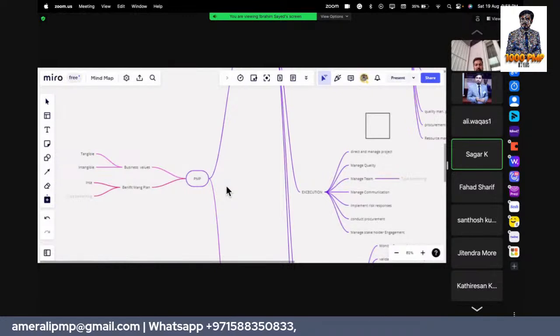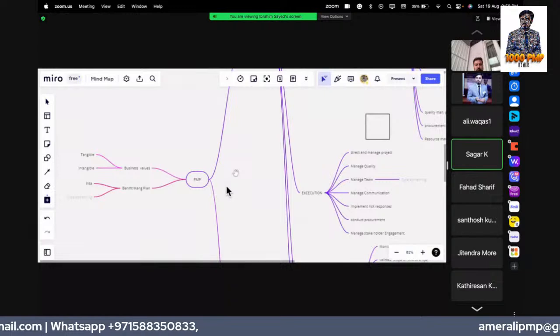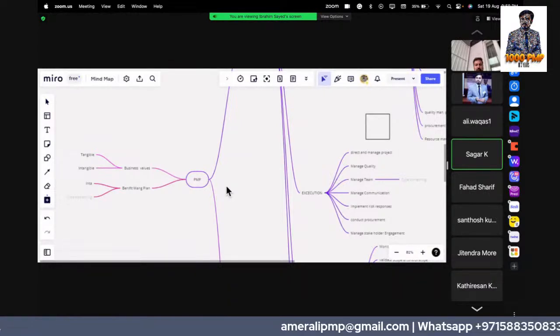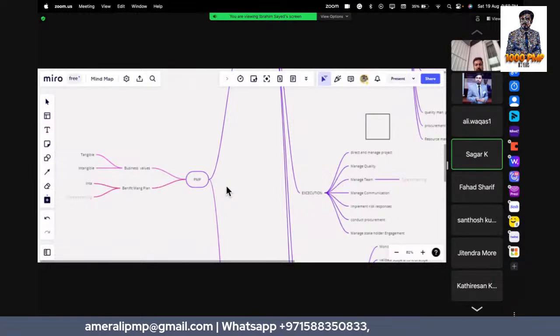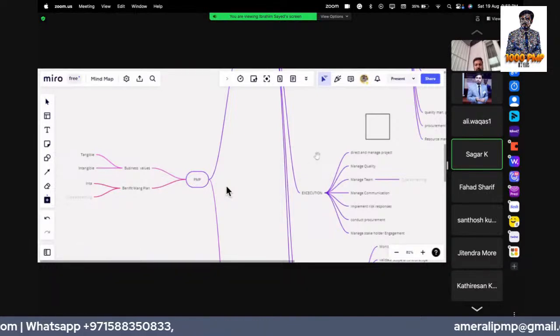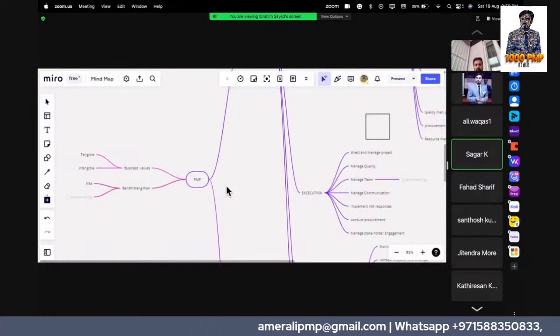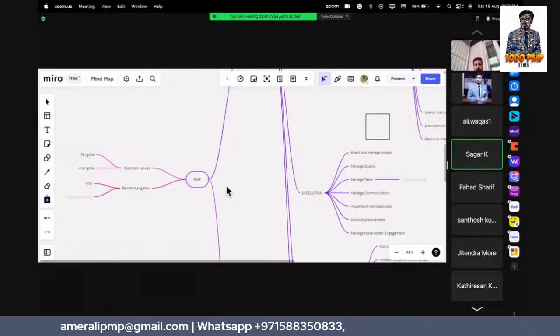Once the business documents are prepared, the project charter is prepared over here, which is the very initiation part of the entire project. So here the project starts.